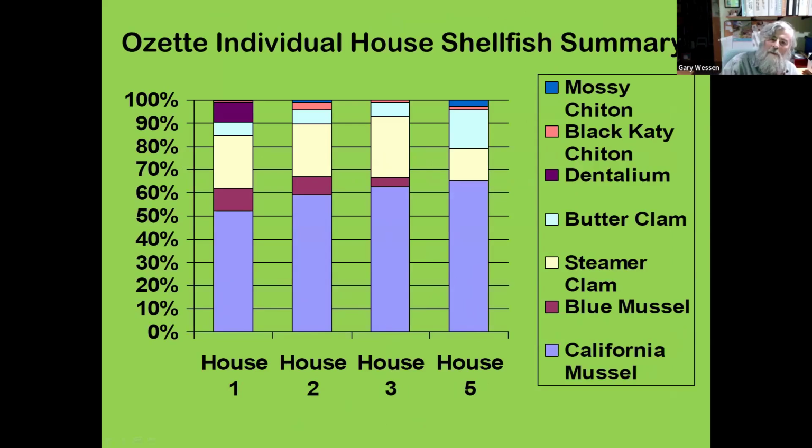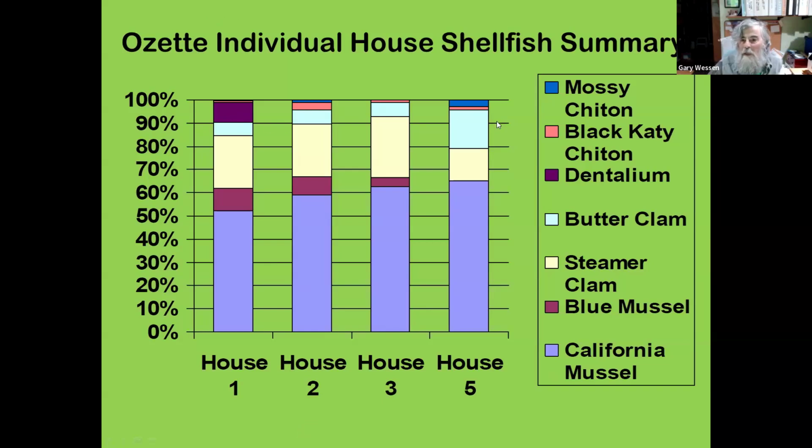And when we look at them side by side, we can notice some similarities and some differences. First off, house 1, that's the lower house on the beach, on the bank where the house fell off first. Almost 8% of the shell of that house within this group is dentalium, a highly valuable trade material from Vancouver Island, an extremely valuable wealth object.